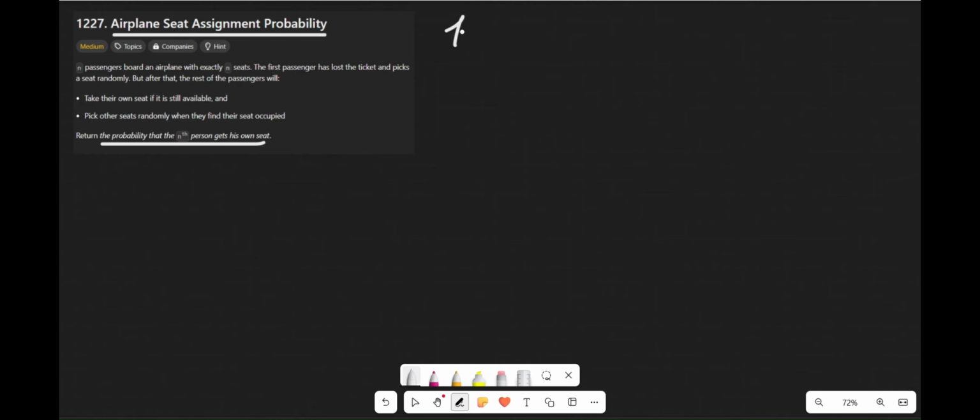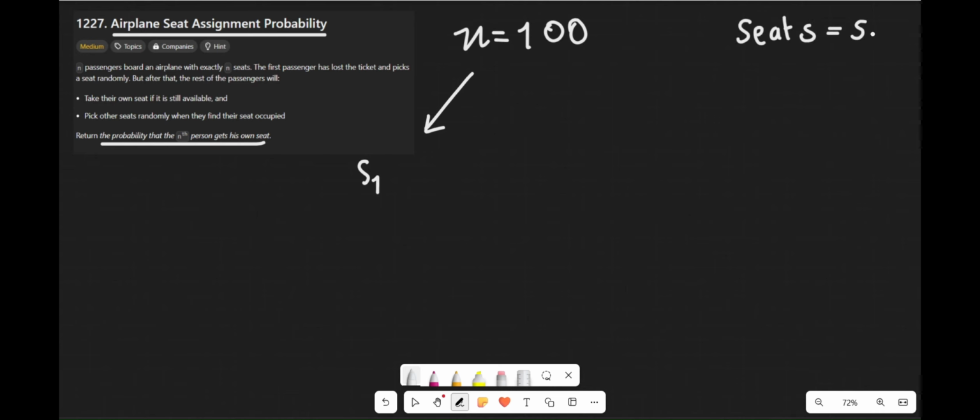Let's say we take n equals 100. Now if n is equal to 100, there are three cases. Case 1, the first person sits on seat 1, right? Let's denote seats with Si. So the first person sits on seat 1, meaning their assigned seat.